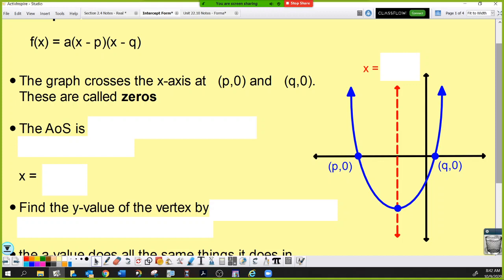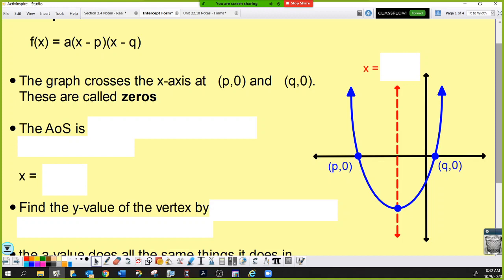How about this? Let's pretend my graph crosses the x-axis at the number 0 and the number 10. Where is my axis of symmetry? If I can cross at 0 and 10, where is the axis of symmetry? 5. How did you get that number, though?